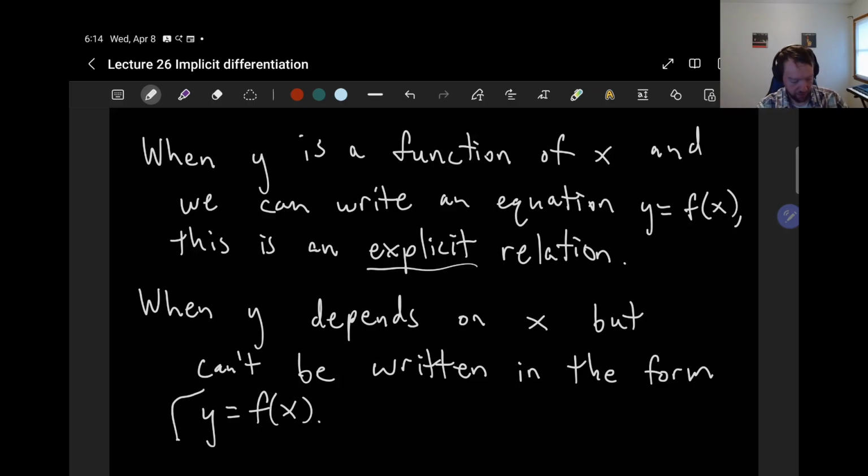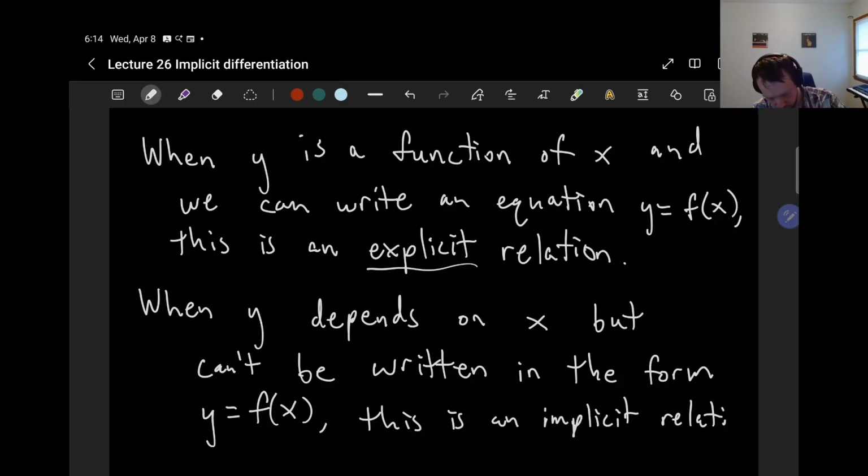It's not possible to have just y on one side and things involving only x on the other. It's some complicated mixture of x and y where we can't separate them like this. Okay, this is called an implicit relation. So y still depends on x, but it doesn't come in this nice little tidy explicit package.